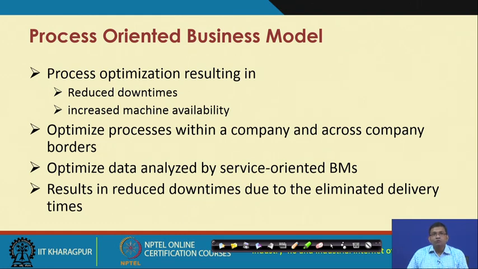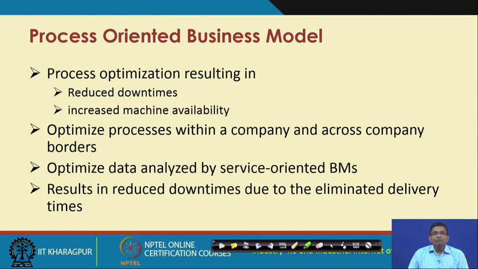So, reduced downtime and increased machinery availability are important considerations in process optimization. Optimized means that you increase the availability of these machines to different customers, not just one customer, but many different customers.